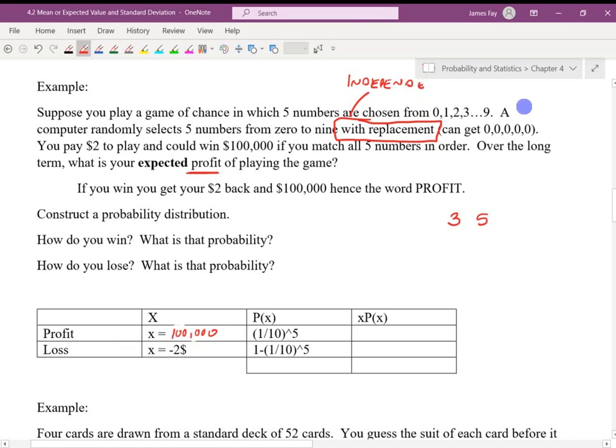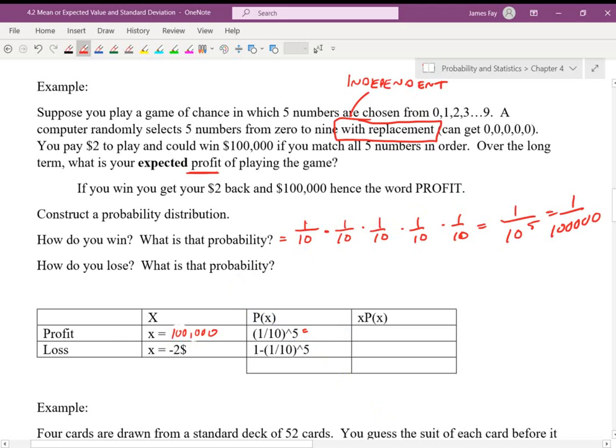If they're independent events, then to figure out the probability of guessing these 5 numbers, the first number is a 1 out of 10 chance, the second number is a 1 out of 10 chance, the third, the fourth, and the fifth are each 1 out of 10. That turns out to be 1 out of 10 to the fifth, which is 1 out of 100,000. 5 zeros, correct? That's the probability that should be right here.